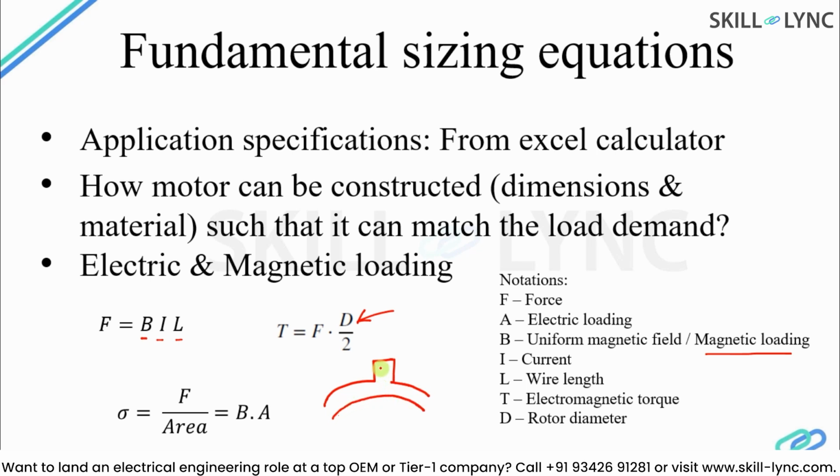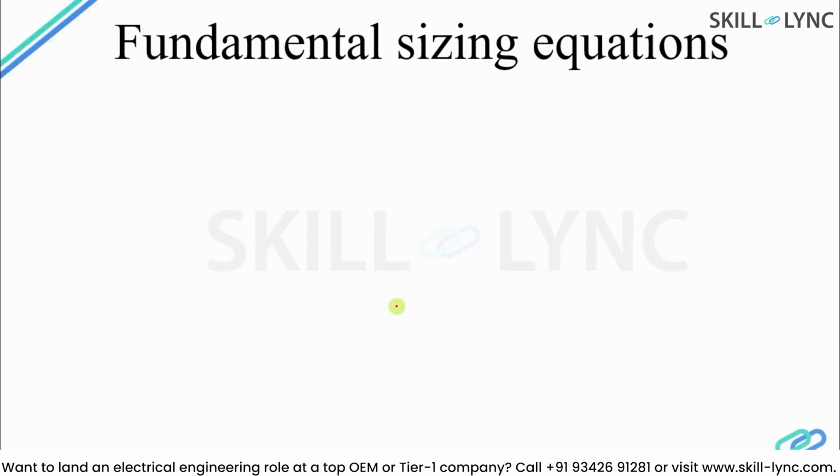If you consider the coils or windings placed over here, then this rotor part is going to experience the force, and all these rotor conductors together will produce the electromagnetic torque. So B times A, the magnetic loading times electric loading, defines the shear stress available on the rotor. Moving on to the next slide, we are now going to talk about the fundamental torque equation.